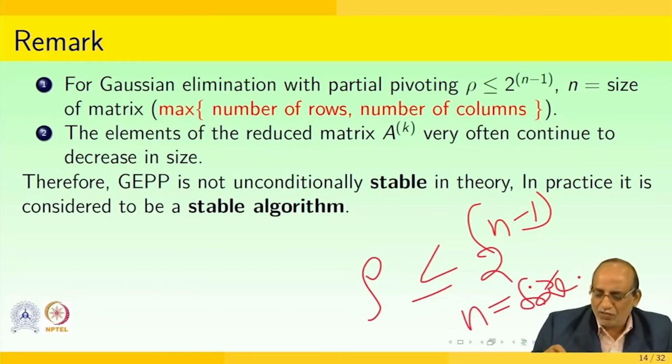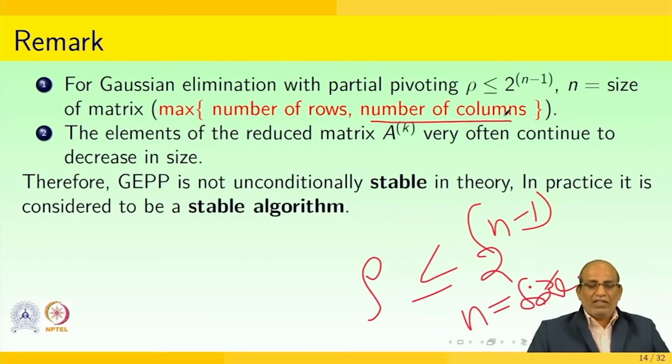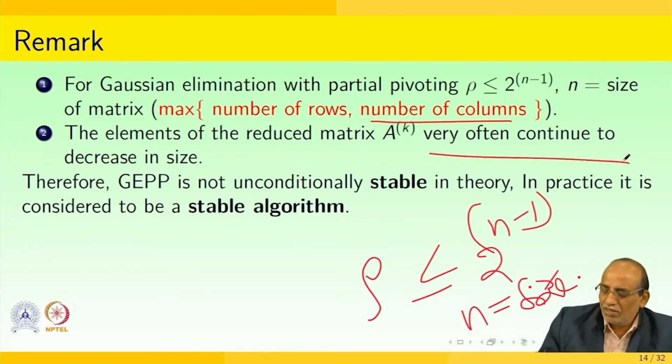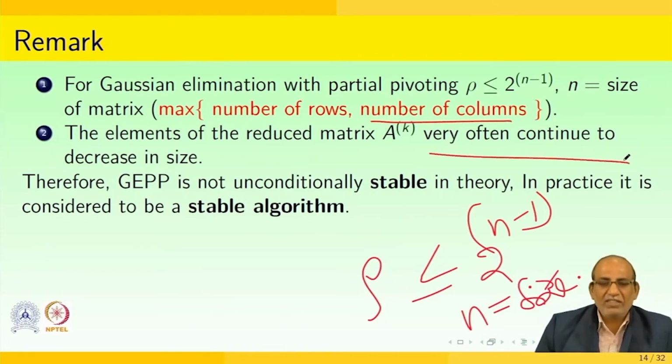The elements of the reduced matrix AK very often continue to decrease in size. We see quite often that the elements of the reduced matrix AK continue to decrease in size.